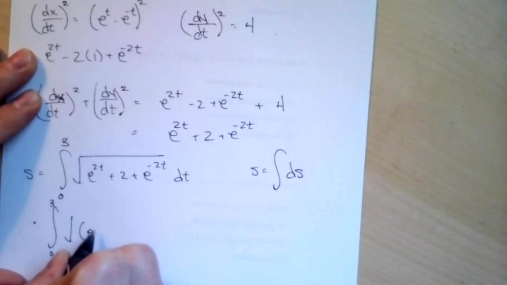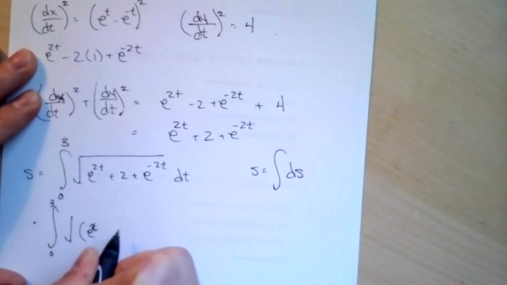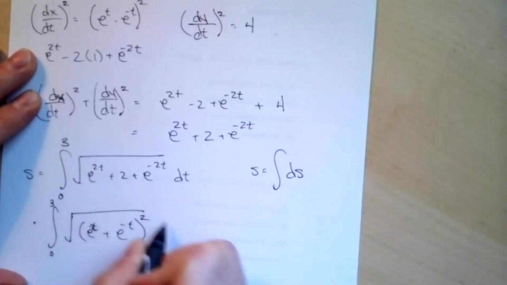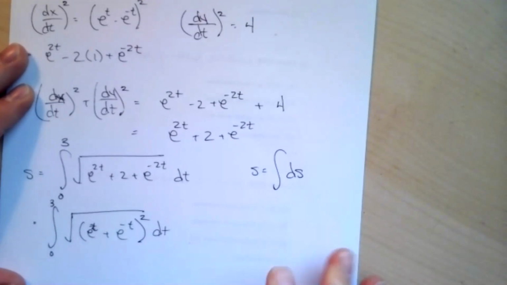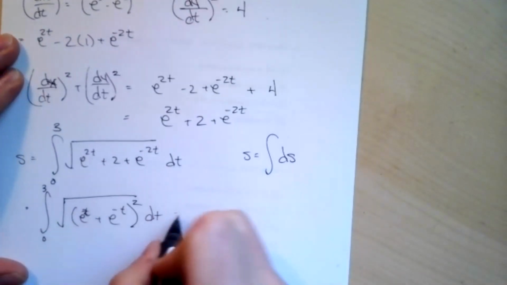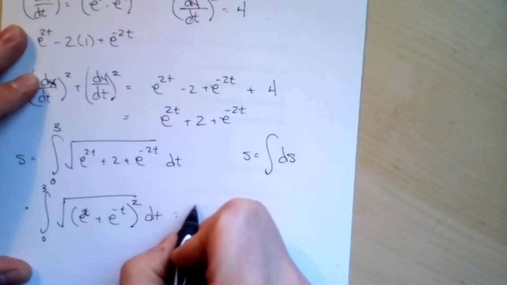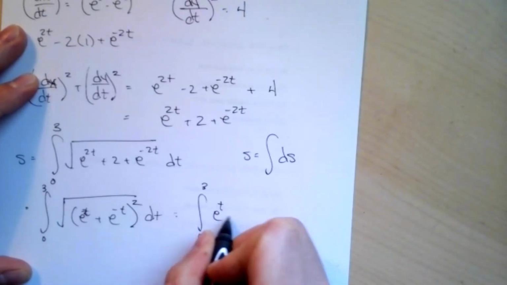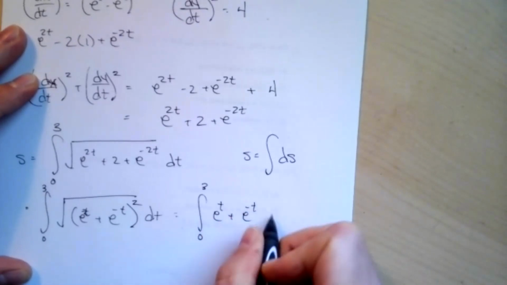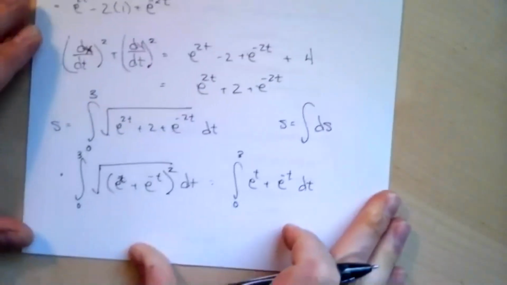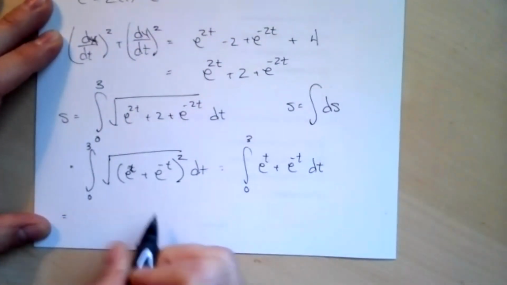So you can maybe try to reverse engineer the factoring techniques. And so this is going to be e^t plus e^(-t), that whole quantity squared, underneath our square root. And now the square root and squaring operations will undo each other. So we will just be left with integrating e^t plus e^(-t) dt.